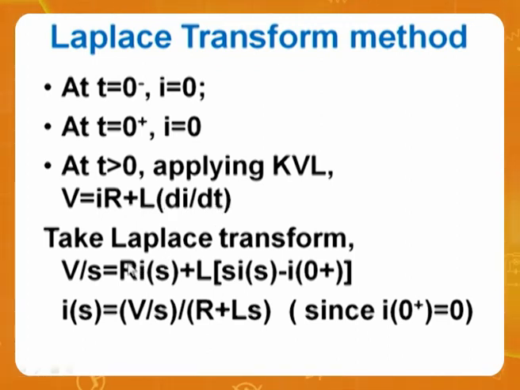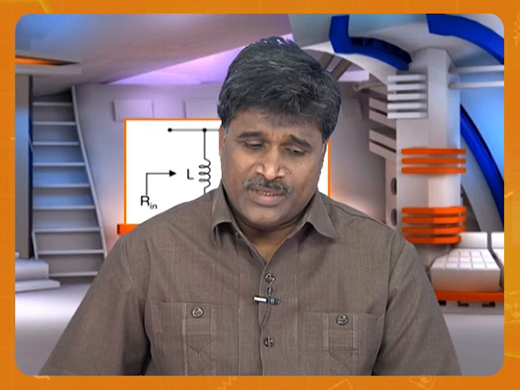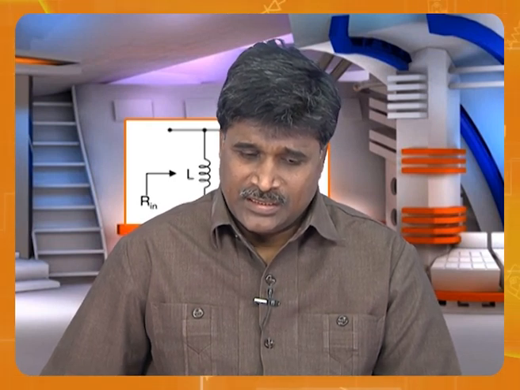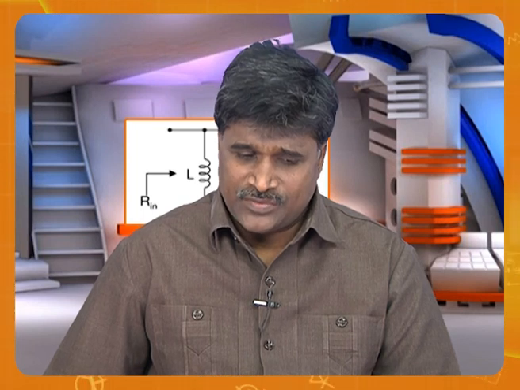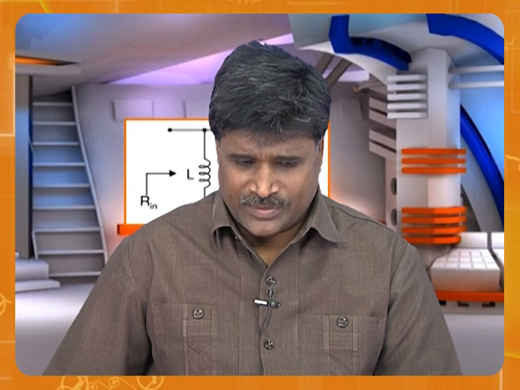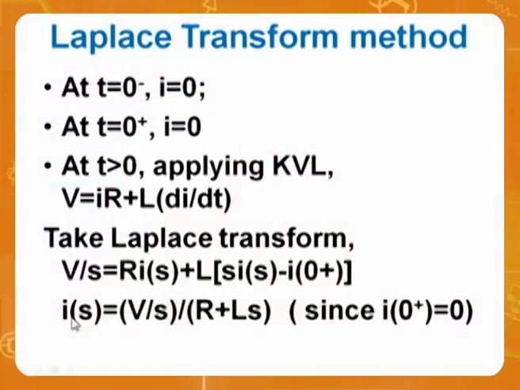Take Laplace transform, solve for I of s. Then take inverse transform, you can solve for I of t. So V becomes V by S, and L di by dt becomes L times S into I of s minus I of 0. Now if you solve this one, you will get I of s.